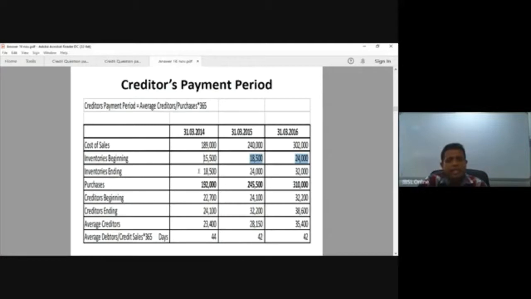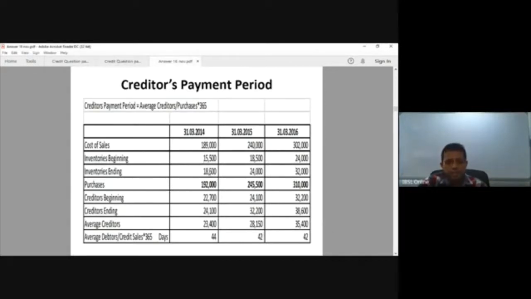Then the ending inventory you can straight away take from the balance sheet, and the ending inventory of 2014 will become the beginning inventory of 2015. I need not explain these things because we have already used these figures in the previous calculations. I took the cost of sales, the beginning inventory for respective years, then ending inventories for respective years.